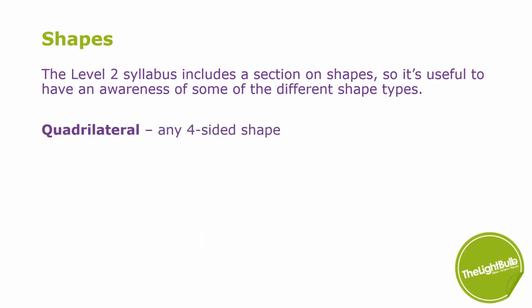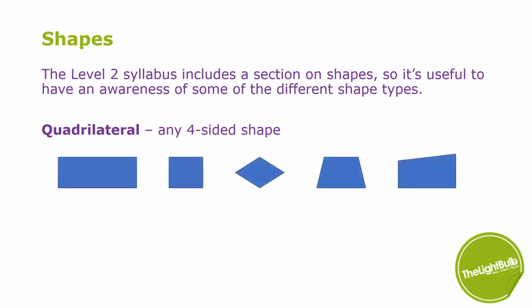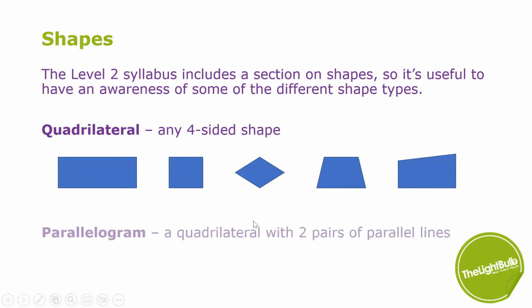with quadrilaterals. It sounds fancy, and not a word that we're accustomed to using in day-to-day conversation, but essentially it's any four-sided shape. So this could include things like rectangles, squares, and diamonds, shapes we're pretty familiar with, and then also these types of shape as well, which we'll come to in just a moment.